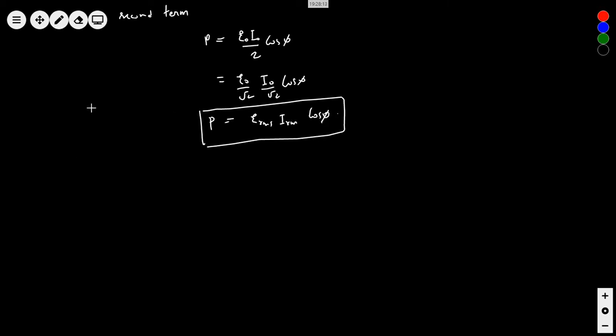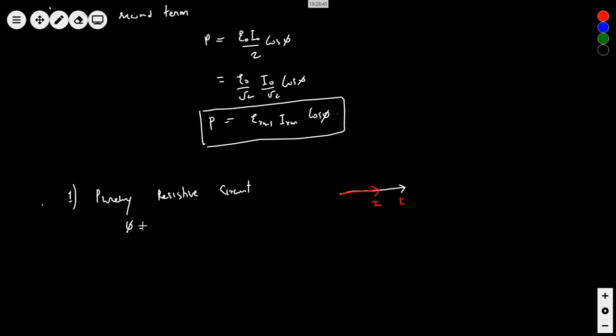Now interestingly, based on phi we can classify different circuits. Let's see. Number 1, purely resistive circuit. If you remember, in a resistive circuit, the current and EMF both are in the same phase.